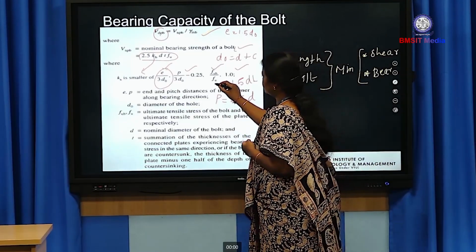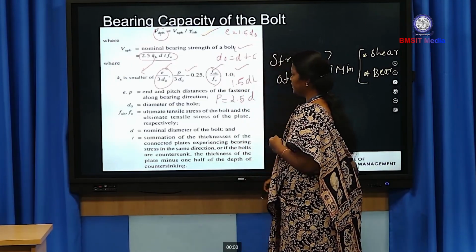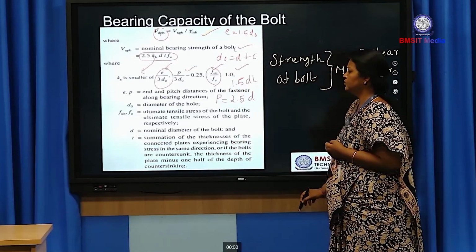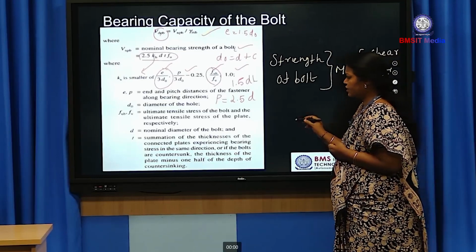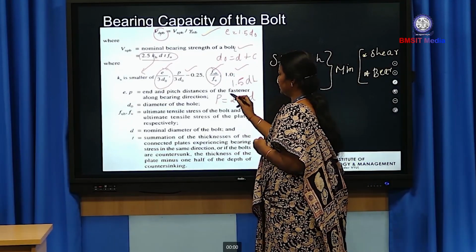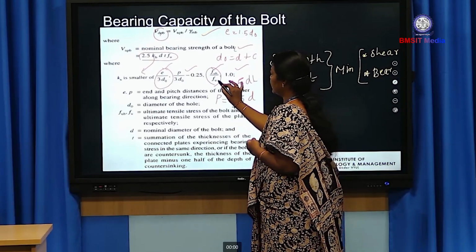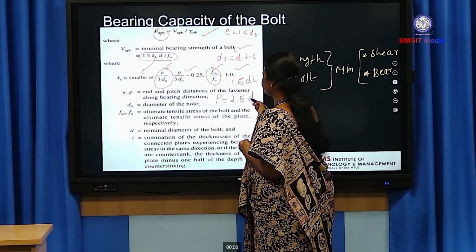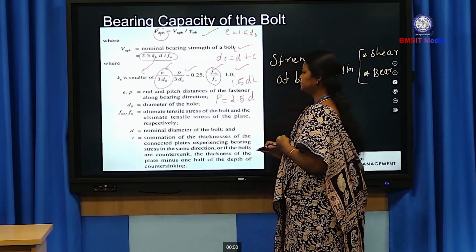After that, coming to this one, f_ub divided by f_u. What is f_ub? f_ub means the ultimate tensile strength of the bolt, and f_u means the ultimate tensile strength of the plate.